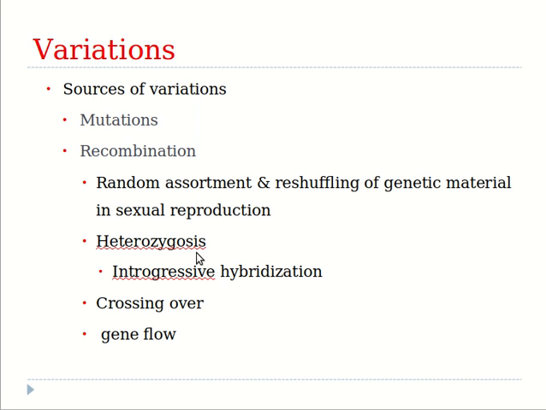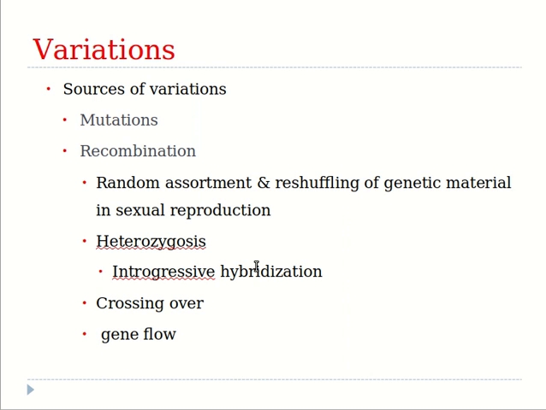Now crossing of a hybrid to its parent species is a back cross, isn't it? So capital T small t, when it is crossed back with the small t parent, what does it indicate? It is a back cross. Crossing of a hybrid to its parent species is also known as introgressive hybridization.